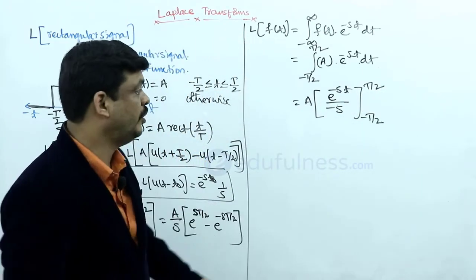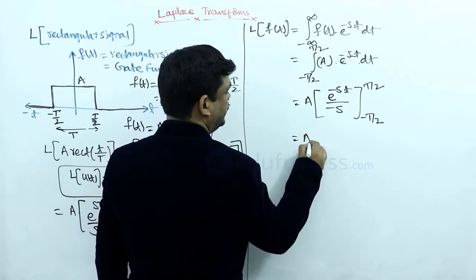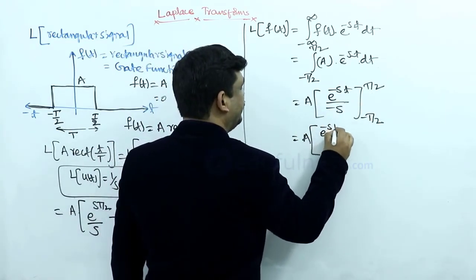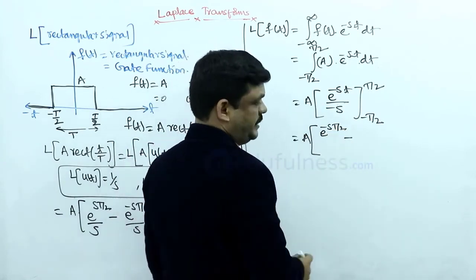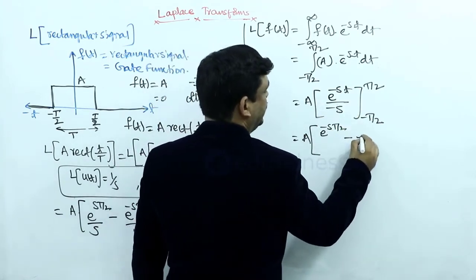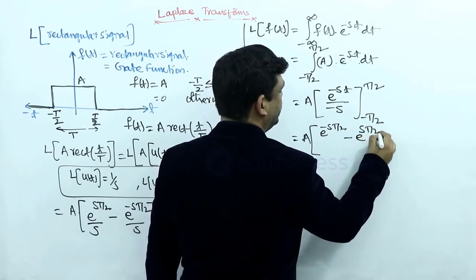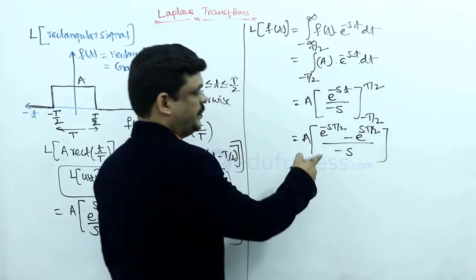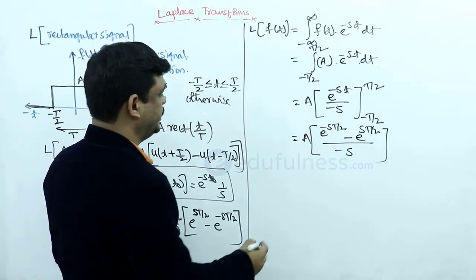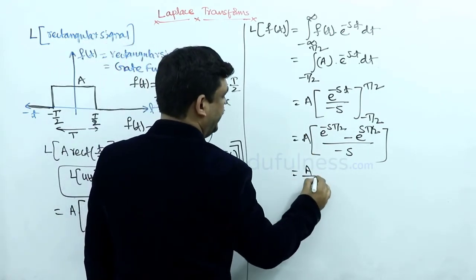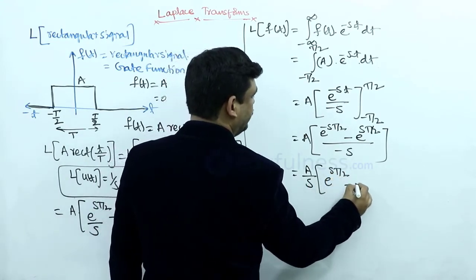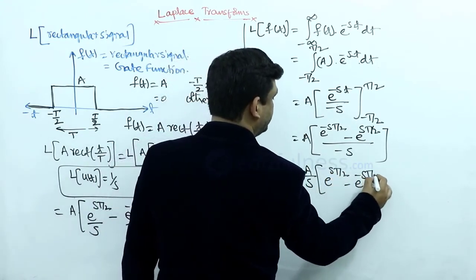Then substitute the higher limit and lower limit. Then it becomes A into, higher limit substituted here, e to the power of minus sT by 2 minus, lower limit substituted in this, e to the power of plus sT by 2, all by minus s. So take the minus into the numerator, then it becomes A by s into e to the power of sT by 2 minus e to the power of minus sT by 2.